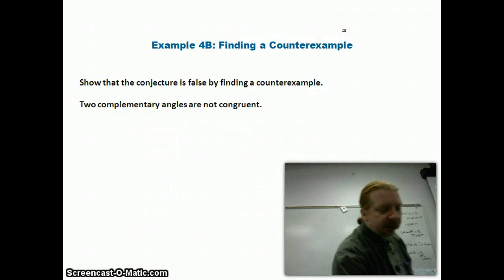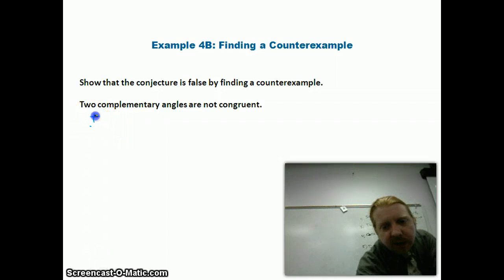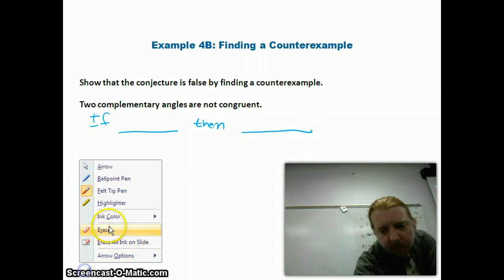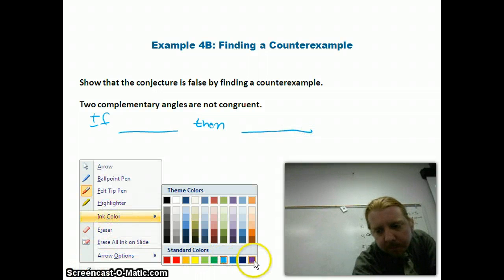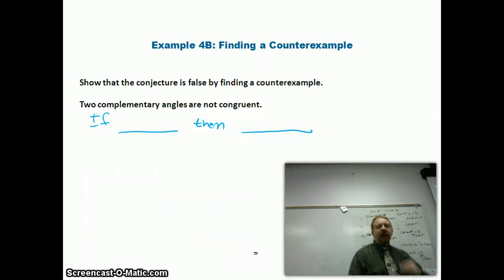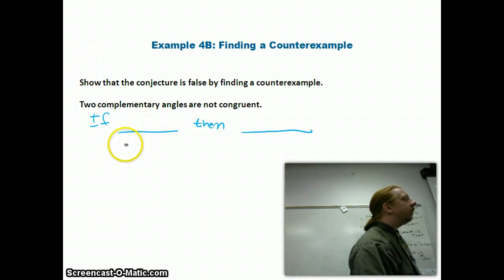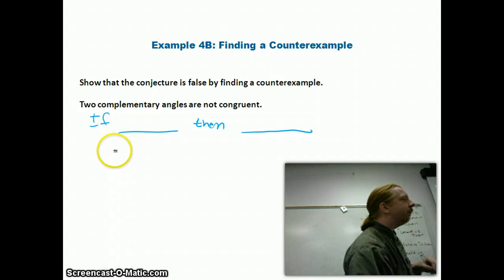And again, start off by saying if blank, then blank. Just these are examples of counterexamples. Okay, well, before we do it, let's set that up.